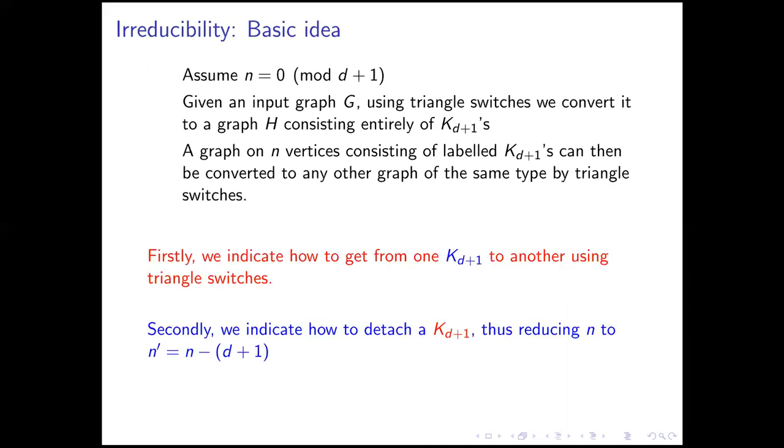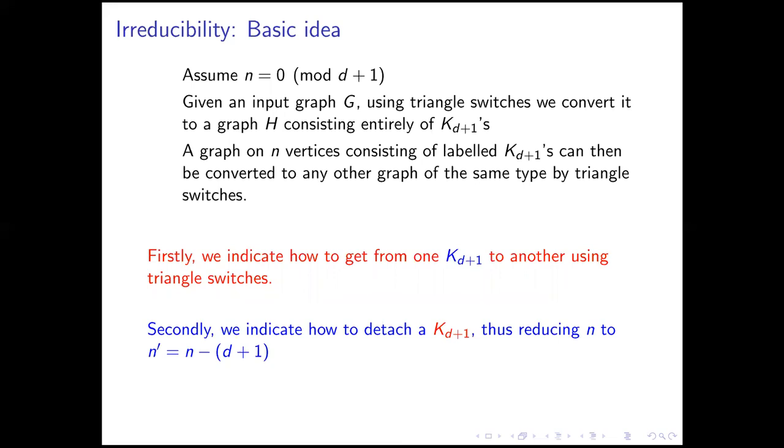Okay, so the basic idea is as follows. I'll just sketch out the basic idea. We're going to assume that n is divisible by d plus 1 in the first instance. And if we're given some input graph G, using triangle switches, we convert it to a graph H consisting entirely of complete graphs on d plus 1 vertices.